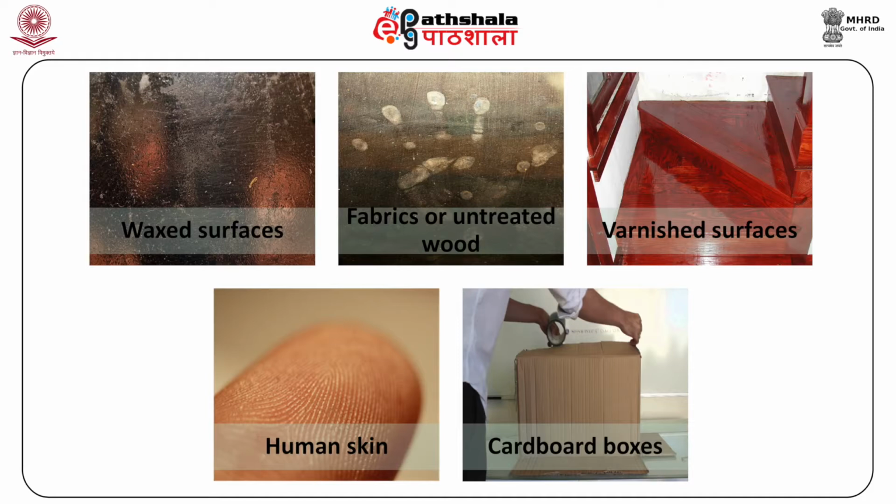Next are fabrics or untreated wood. Varnished surfaces means the surfaces that have been painted or varnished. Human skin, cardboard boxes and other porous or non-absorbent surfaces. Under these conditions, the traditional methods of latent print detection are often ineffective.